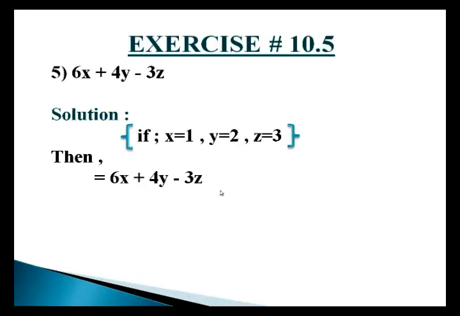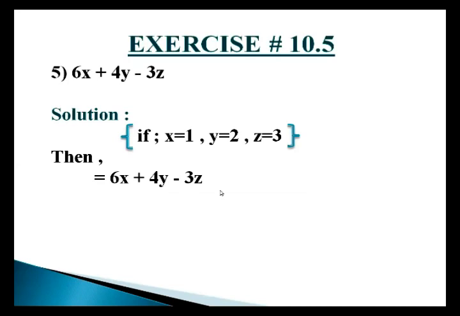Then you write the question as it is: 6x plus 4y minus 3z. Then you write it in the form of multiplication: 6 multiply x plus 4 multiply y minus 3 multiply z. Then you put the values of x, y, and z over here.